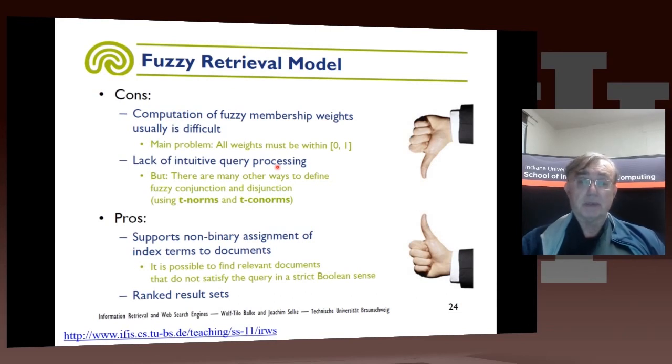But I actually think most users don't use complicated, precise queries. They use simple queries which string words together. And so this model, where you have a fuzzy membership of words to documents, is okay for such simple queries.